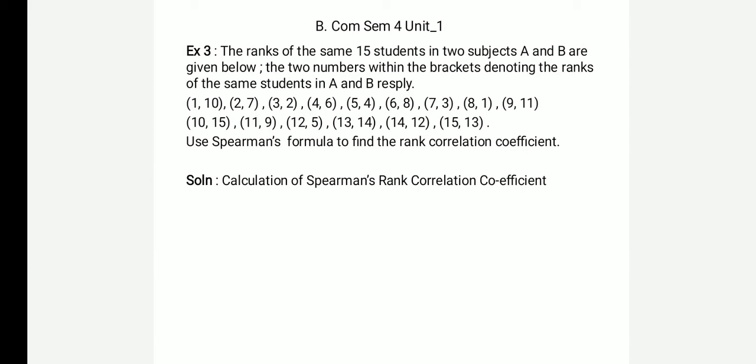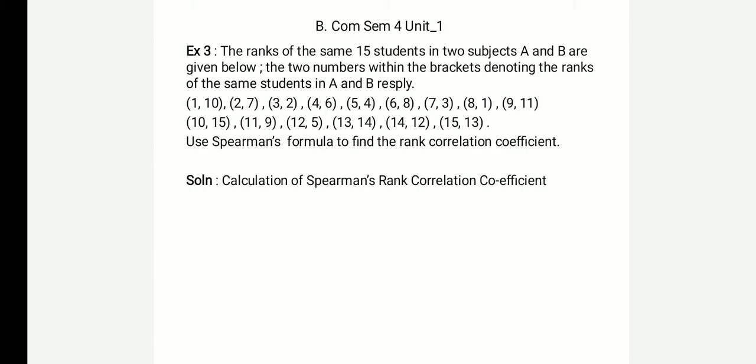Then the Spearman's rank correlation coefficient between characteristics A and B for the group of individuals, usually denoted by the symbol rho, is given by rho equal to 1 minus 6 into summation d squared divided by n into n squared minus 1, where d is the difference between the pair of ranks of the same individual in the two characteristics and n is the number of observations.